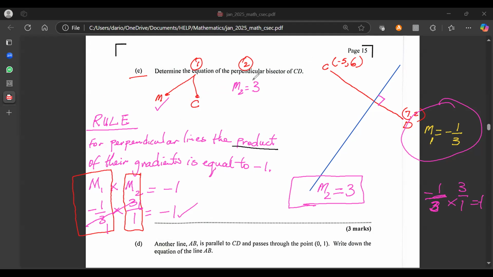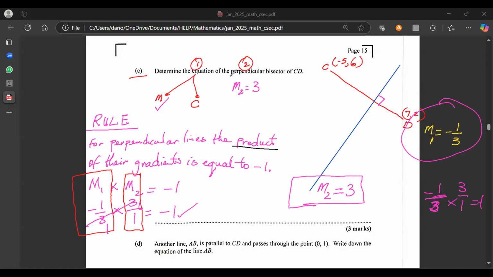Determine the equation of the perpendicular. That was the second thing. You have to follow my cursor because I'm teaching from this little pen. If you follow the cursor, you know what I'm focusing on.